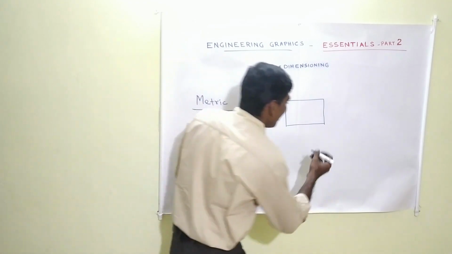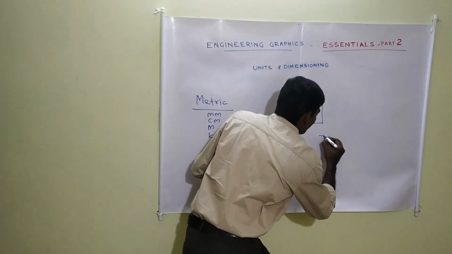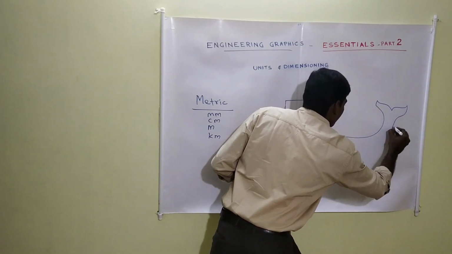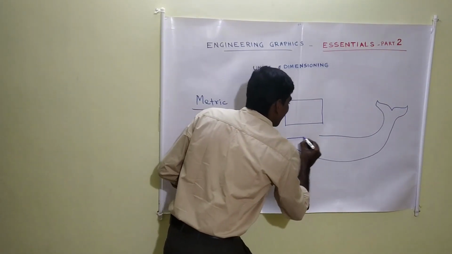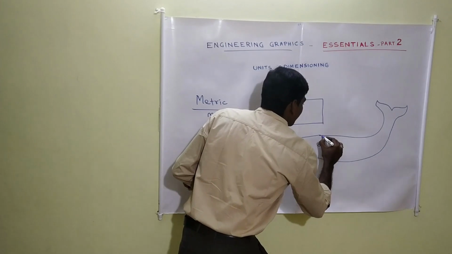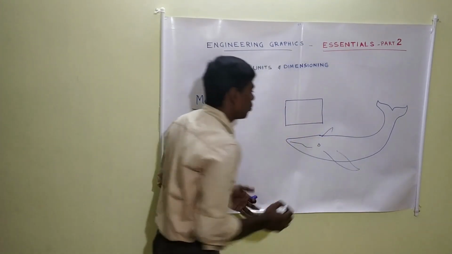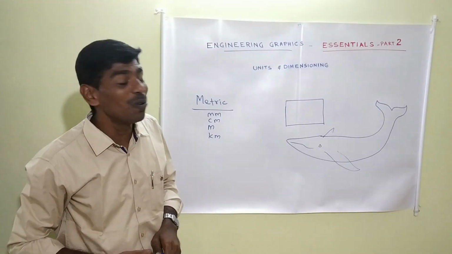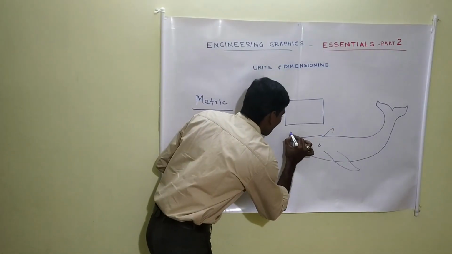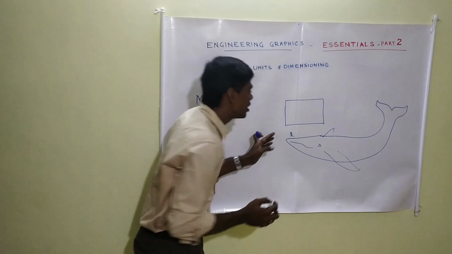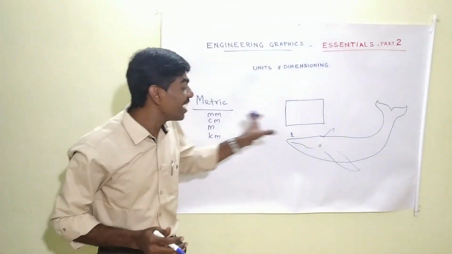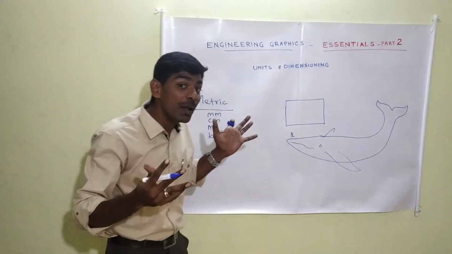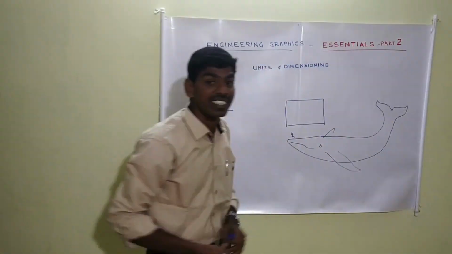So, for example, if it is shown something like this, do we understand how huge it is? In general, a person may be something like this. This may be the size of a person in relation to this one. So unless I give this detail, we will not be able to understand how huge this is.